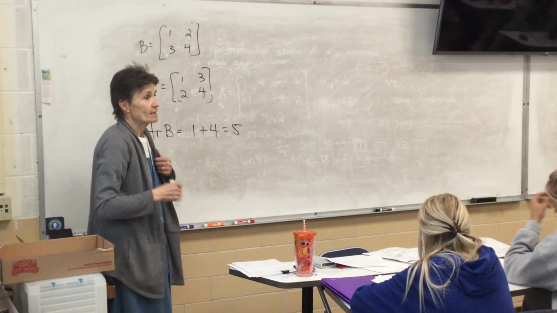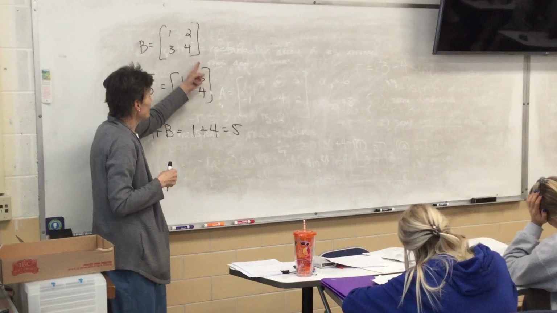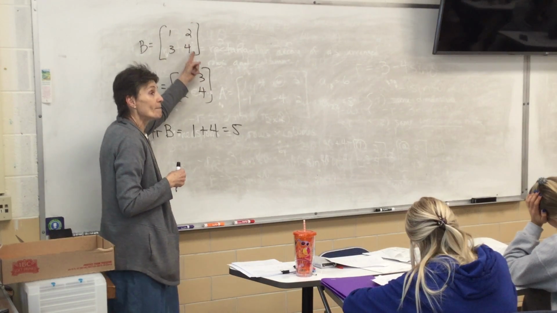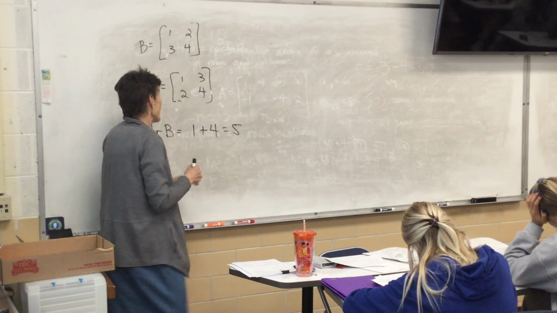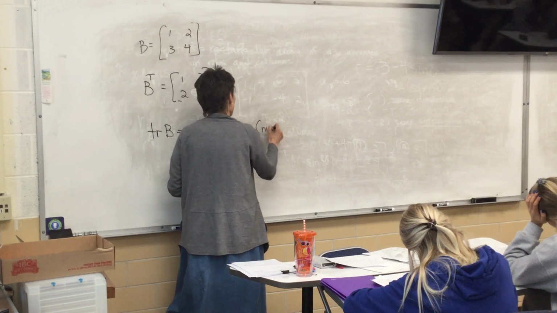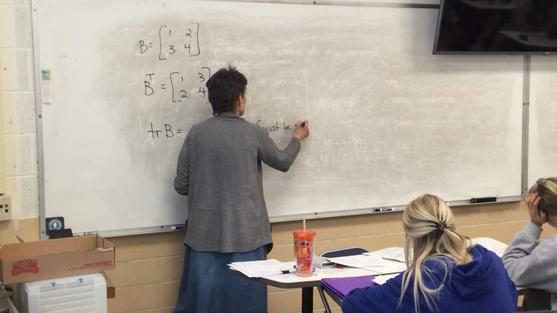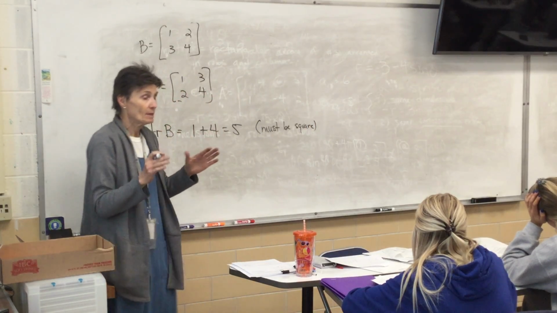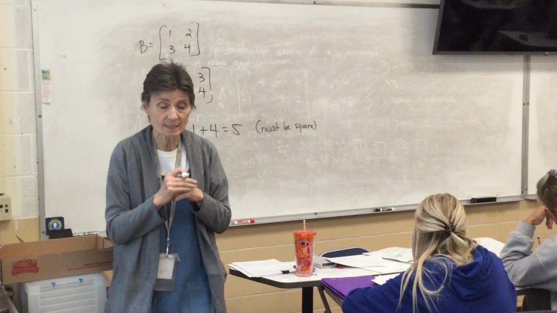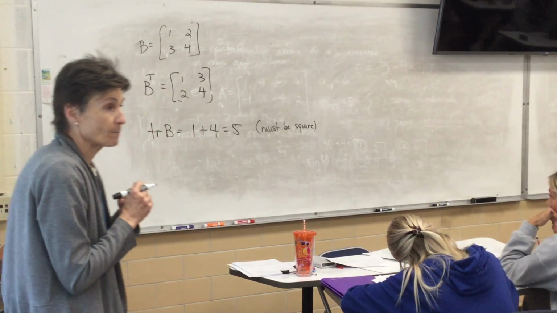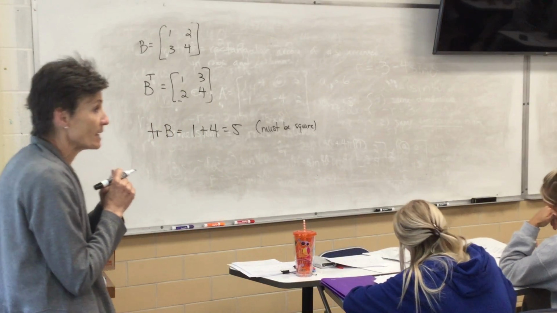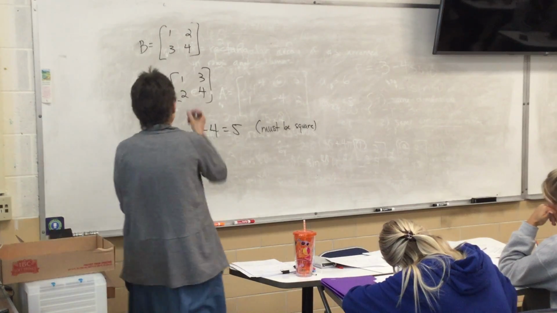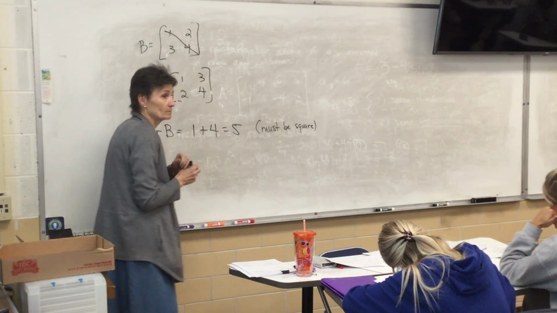The trace is the sum of the entries on what's called the main diagonal, and the matrix must be square. You can do a transpose anytime, but you cannot do a trace unless the matrix is square. This is the main diagonal.